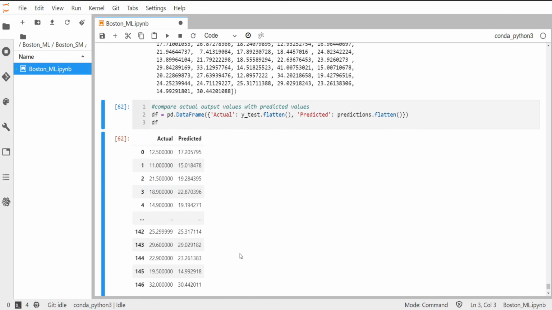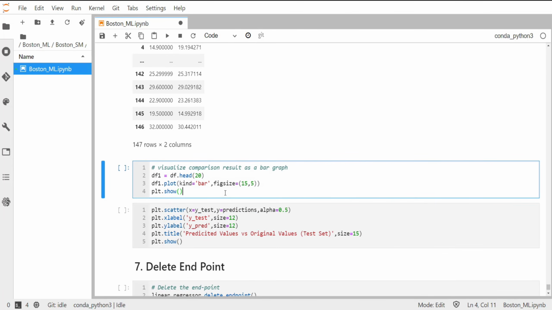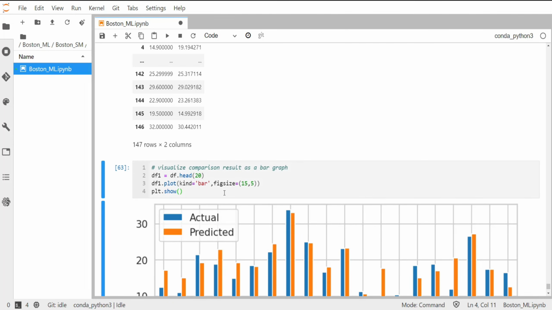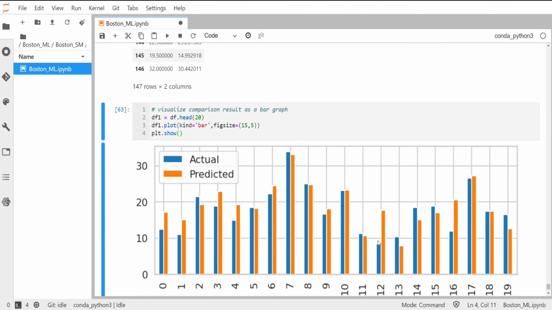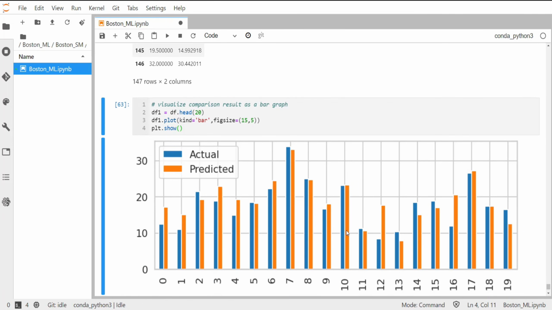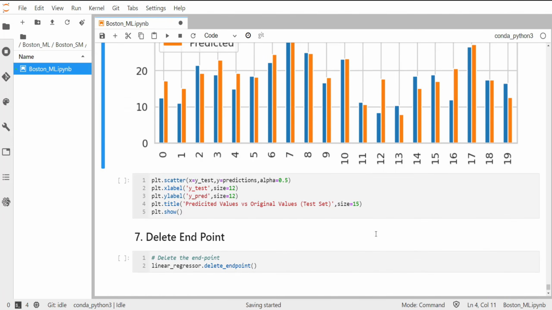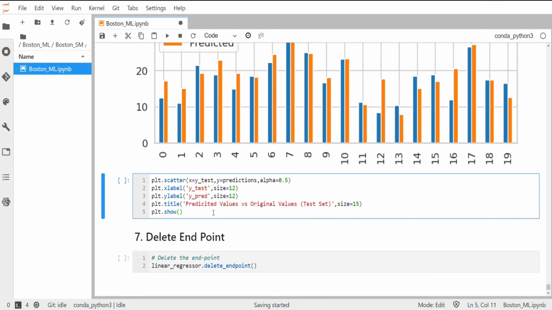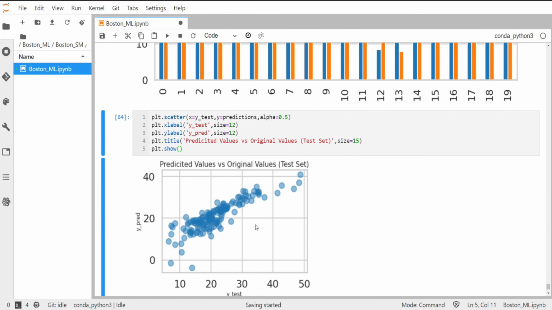Now let's see them visually. Here I will be plotting a bar chart for the actual versus the predicted values, and you can see that both the values are nearly similar and equal. And we can see this linear relationship with the help of a scatter plot as well. So let's plot the scatter plot for the predicted values versus the actual values.